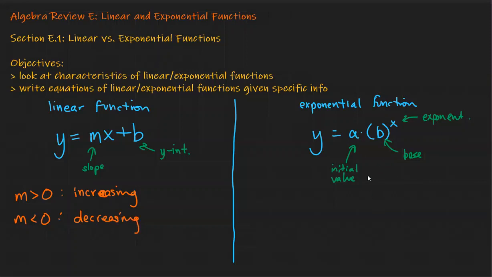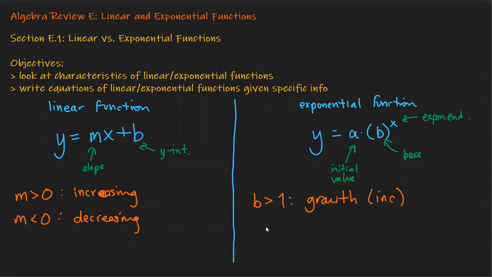We have similar things over here for the exponential, but for the exponential, we're going to look at b. And b, it's going to be a little bit of a different requirement. If b is bigger than 1, then we're going to call this exponential growth. And that technically means it's increasing, right?